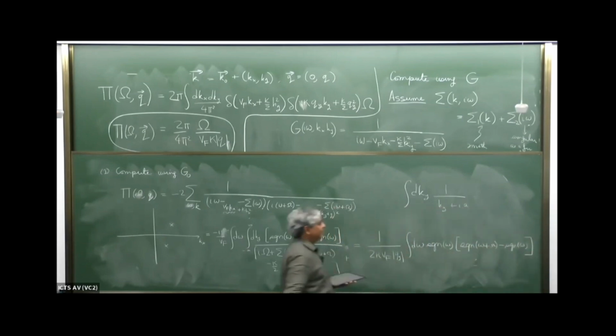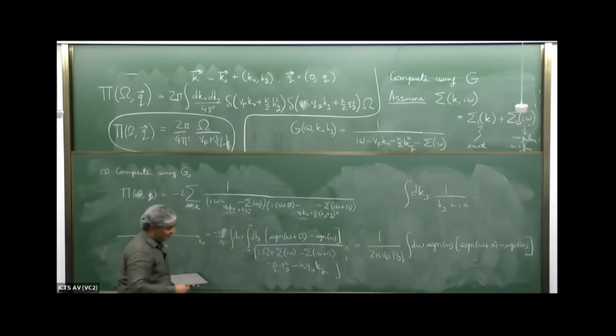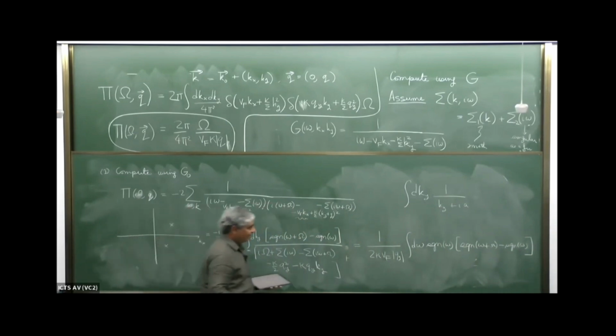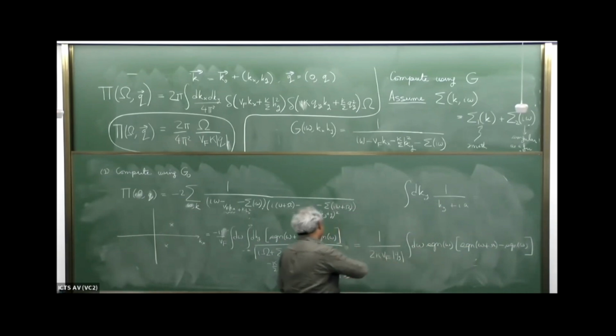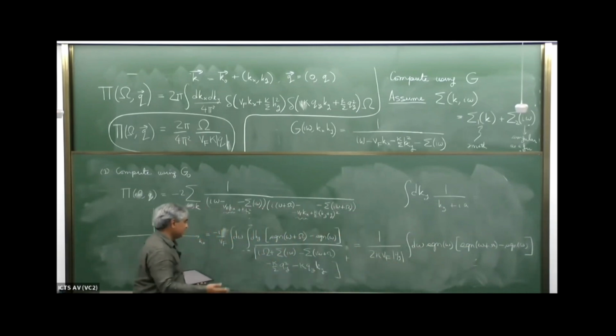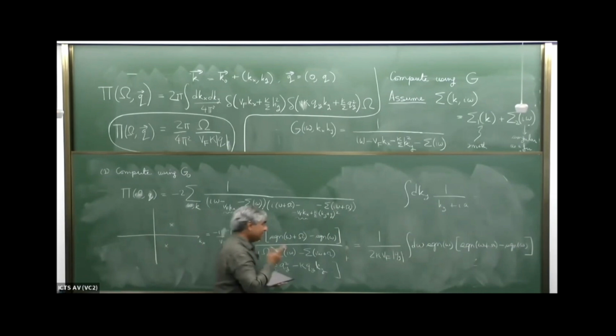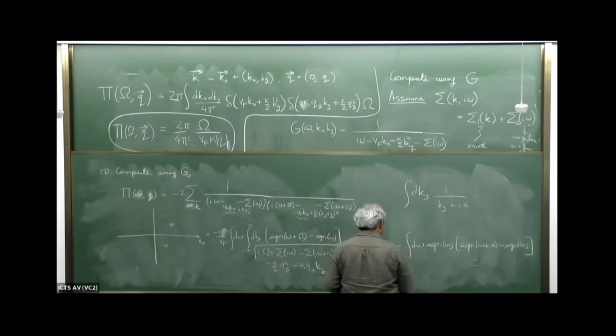Okay. Finally, I have the integral I care about, that I can evaluate over omega, but the self-energy just dropped out completely because I just needed the sign of this object. And so this thing turns out to be, you do this integral, you get a factor of omega, and it's exactly what I had before.